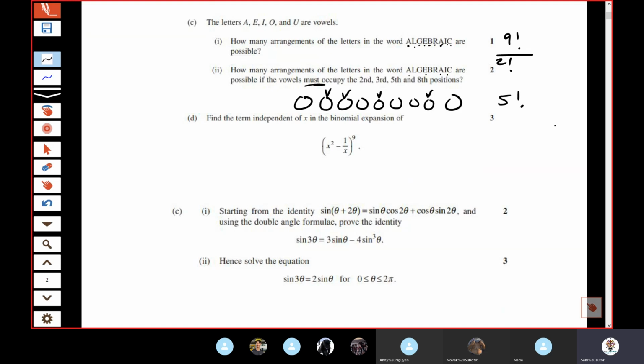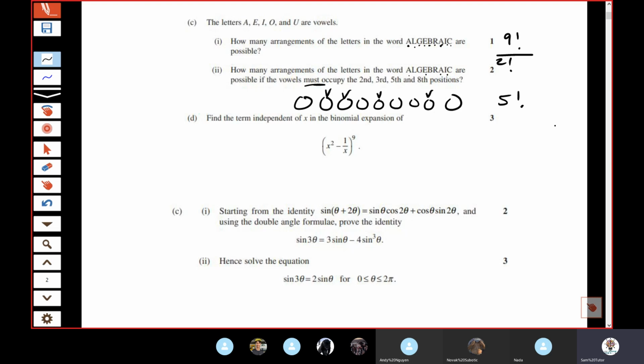If your vowels must be there, your vowels must be there. They must be in the second position, the third position, the fifth position, eighth position. But it doesn't say which vowels. Correct, and that's what I'm going to take into account now.